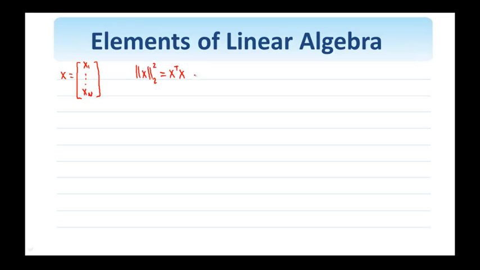It's a scalar, and this is equal to the sum of x_i squared. So applying this to a term like this, the definition of the norm, that is, this is (y - Hx) transpose (y - Hx), and if I carry out all the cross multiplications, this is equal to this.